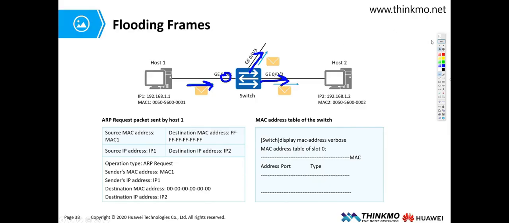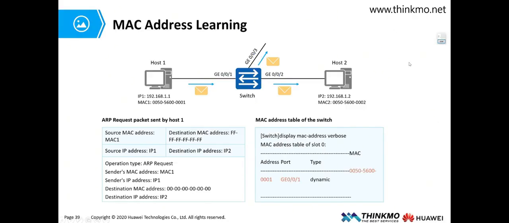We can see that an entry is added to the MAC address table. The MAC address is the MAC of our host 1, and it was received from the G0/0/1 interface. It will be recorded here, and after it is recorded and broadcast out, our host 2 will definitely receive it because it is connected to this switch.